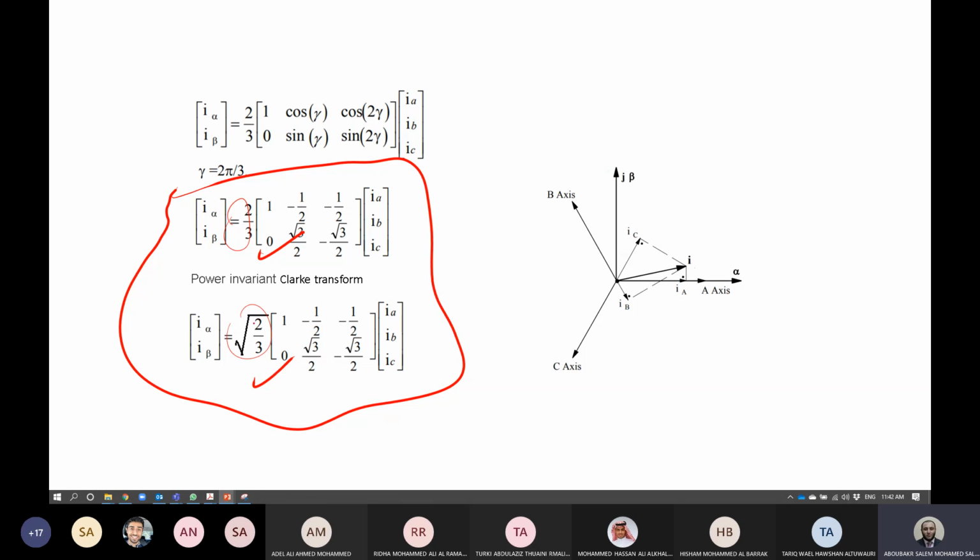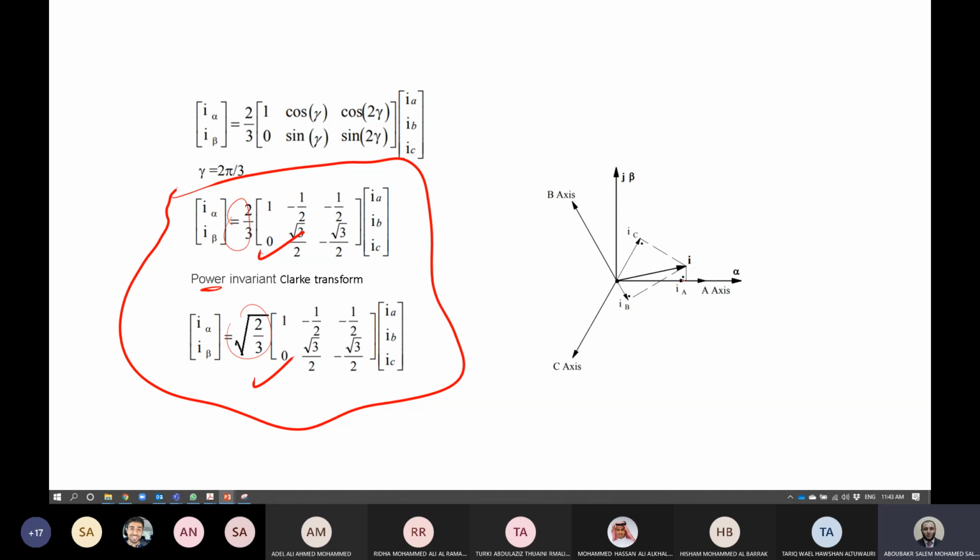However, sometimes you can see that this form will make some simplification in calculations, like in power calculations, for instance. So it's possible to use any of these Clarke transformations. Of course, guys, how could we transform again? Assume that we have here IA.